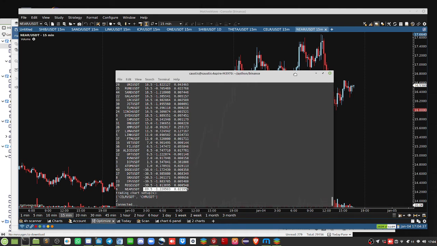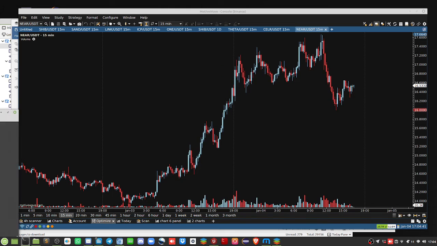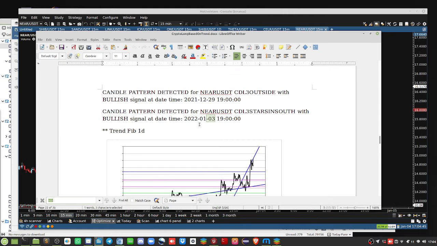The other thing is, okay, it has a positive slope, so that's important. Next one we got is Near. And that looks like that's it for that report.